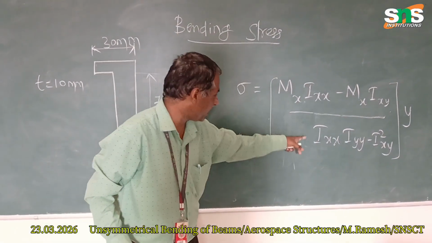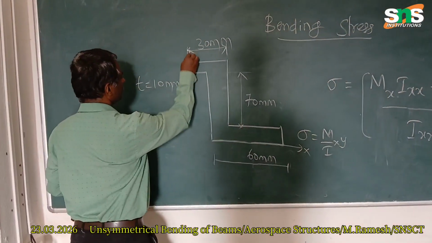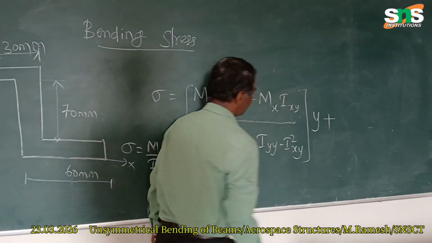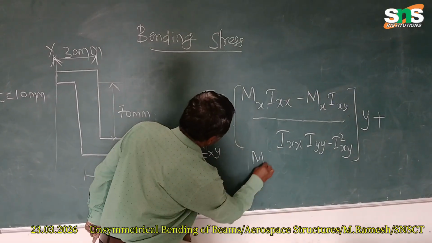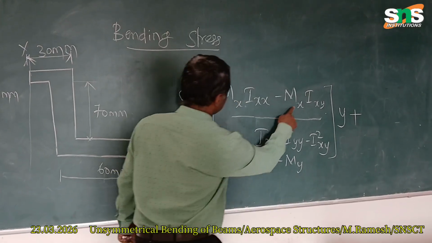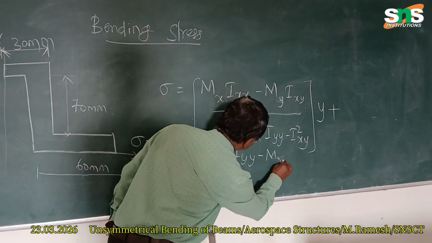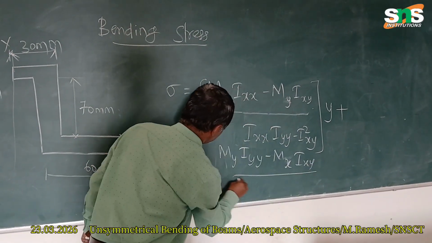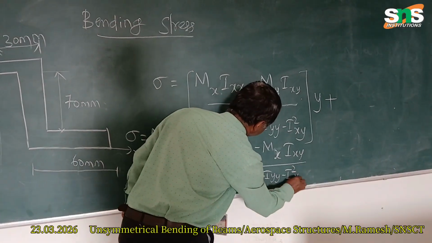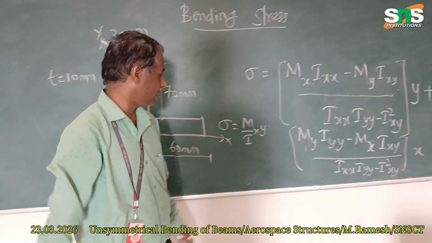But here we are going to take along the x-axis as well as the y-axis, so we add another term: My into Iyy minus Mx into Ixy, divided by Ixx into Iyy minus Ixy squared, into x. Like that we can have an equation.